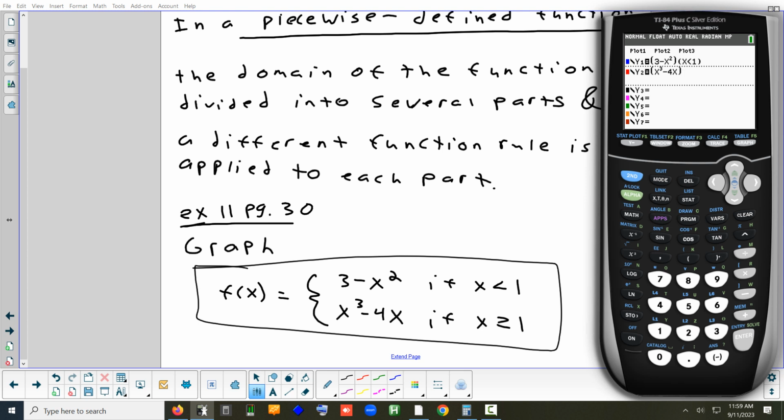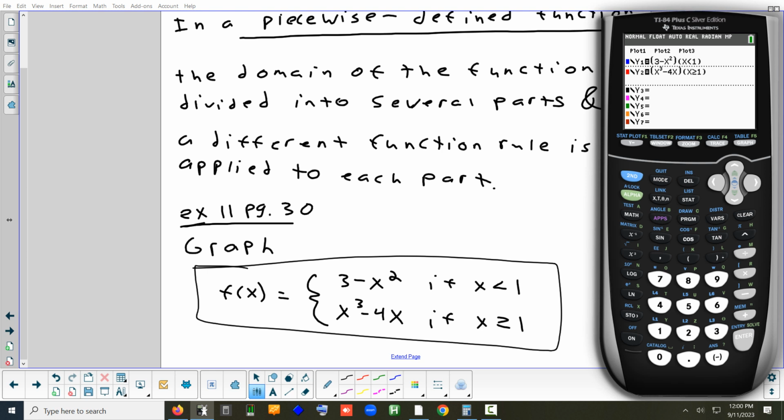And now next to it, put the condition for that one. In parentheses, x. And how do I get to the inequality symbol? Second test. And this time I want the greater than or equal to, which is number 4. And I'm putting in a 1.